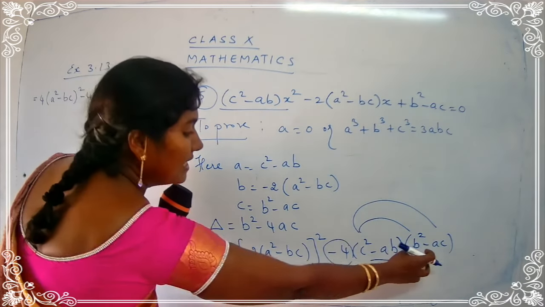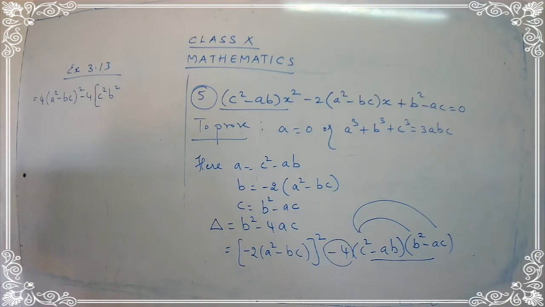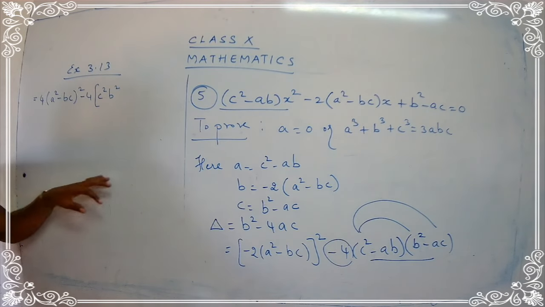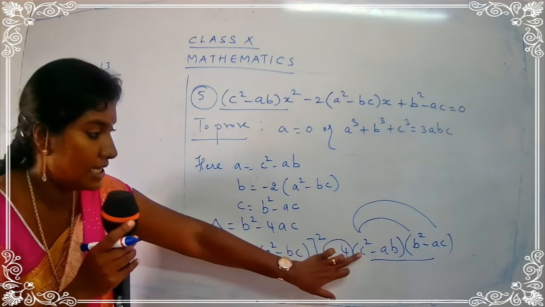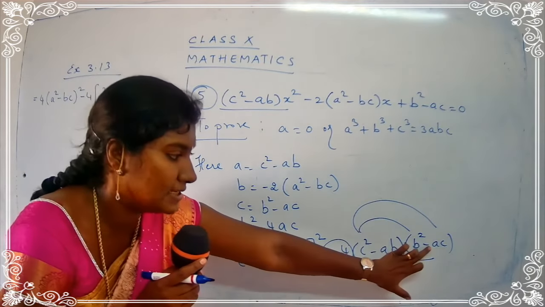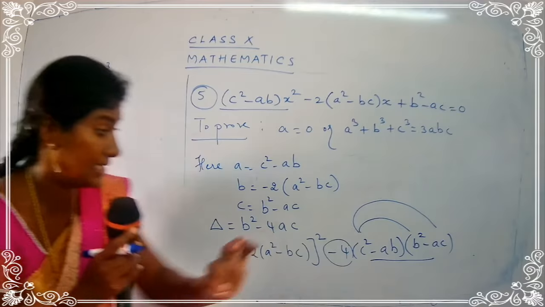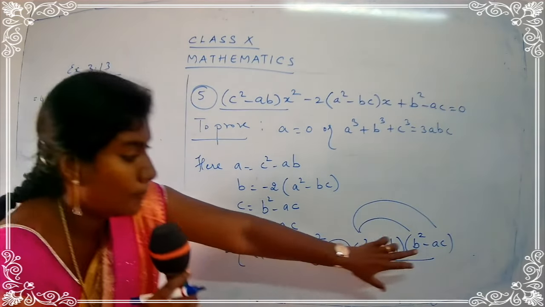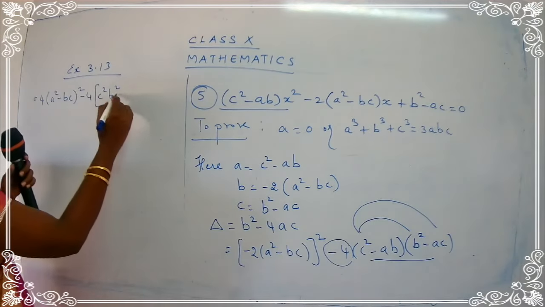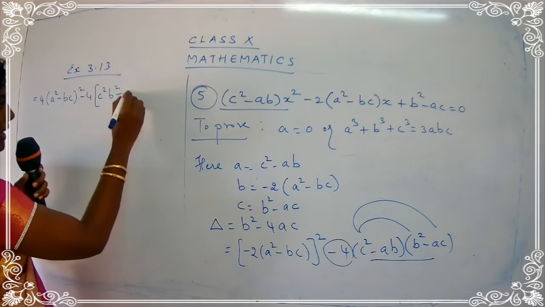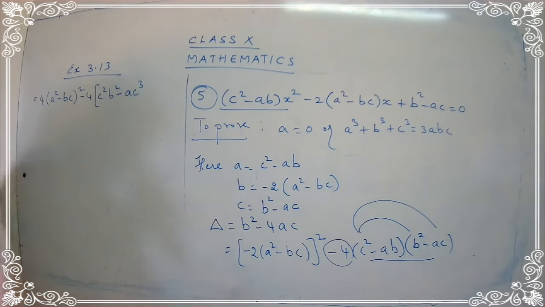Now c square into minus ac. What is c square into minus ac? C square and ac: 1 a and how many c's? 2 and 1, so total 3 c's. And what is the sign? Minus sign. You write down here minus ac cube.